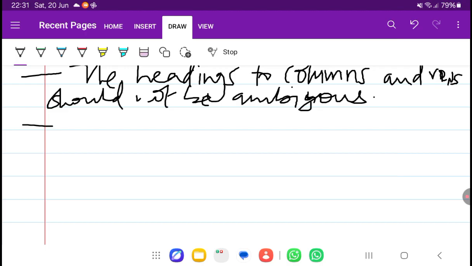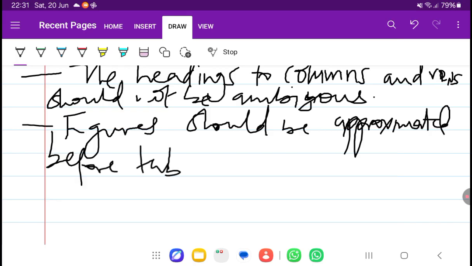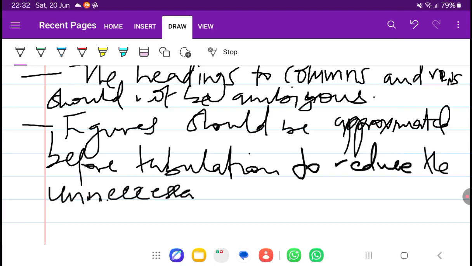So, the figures should be approximated before tabulation to reduce the unnecessary details in the table. This has to do with decimal points.